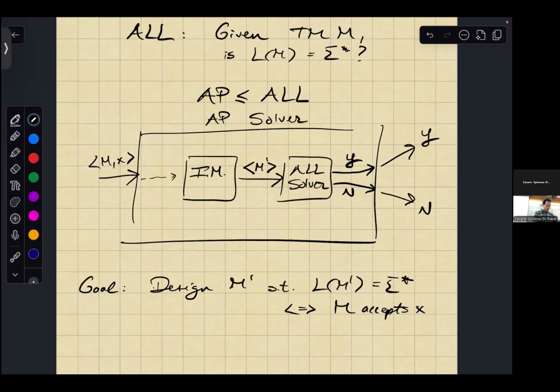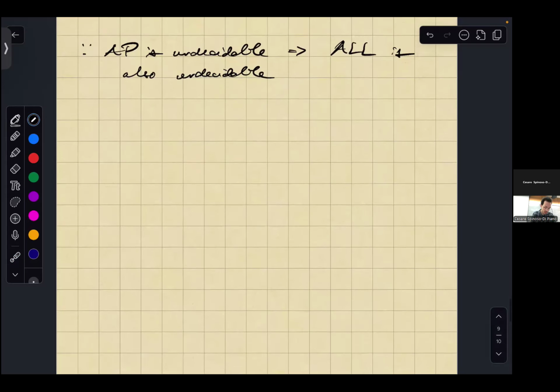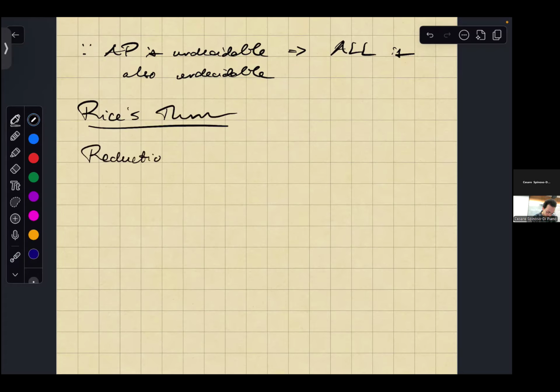Excellent. So now let's take a small break from reductions and discuss another very important topic for the final and the problem set, which is Rice's theorem. The motivation for Rice's theorem is that reductions, as we've talked about them, are kind of hard, in the sense that they're difficult to do, right?